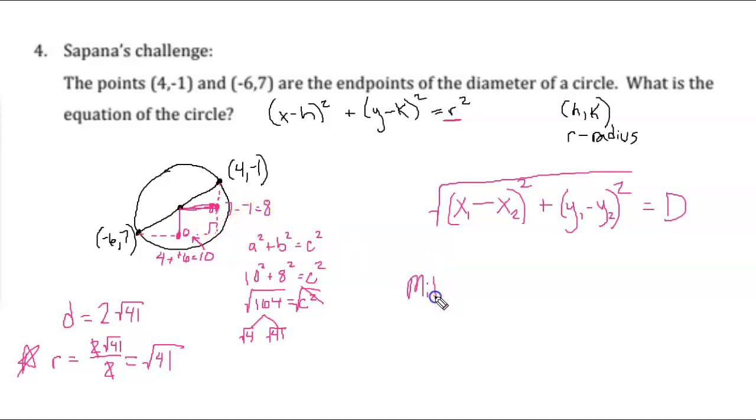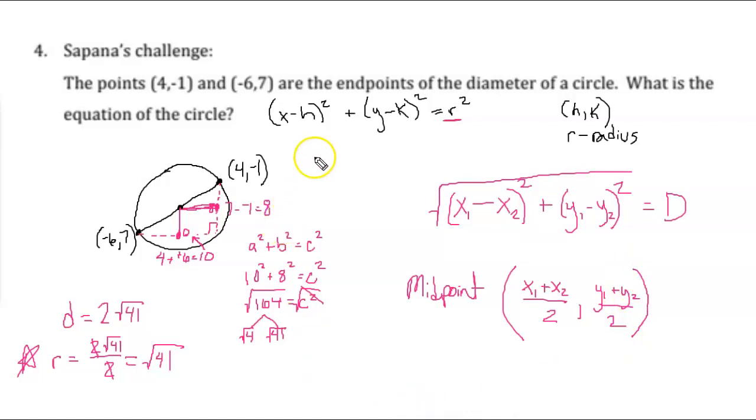So for our midpoint formula, if you don't remember it, just remember it's always the middle, so it's always the average. If you take your two x values and find their average, that's the x value of your midpoint. If you take your two y values and find the average, that's the y value of your midpoint.